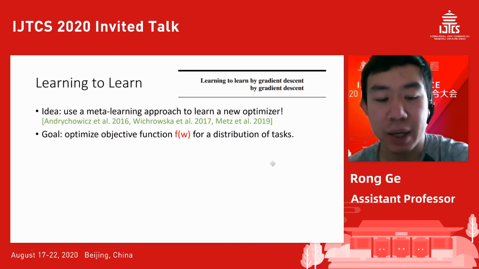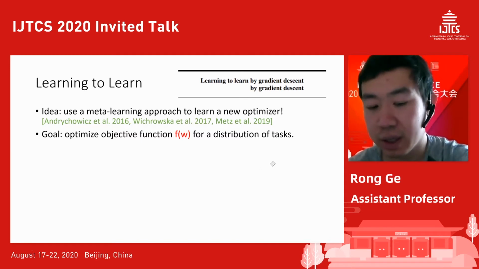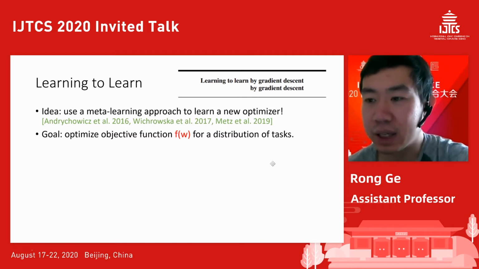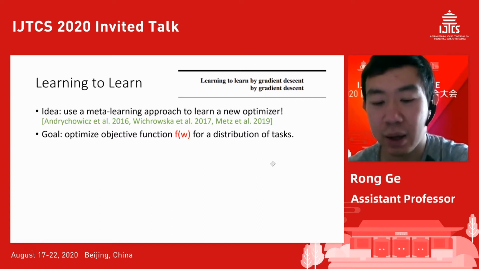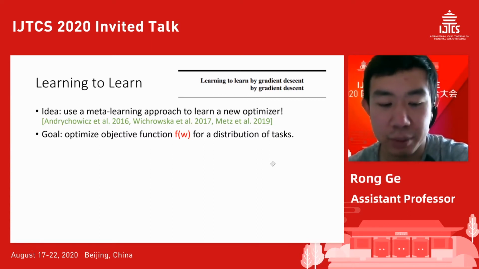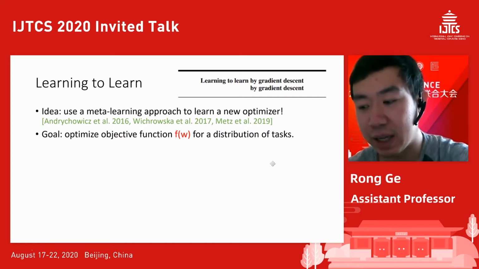In this meta-learning approach, your goal is to optimize the objective function f of w for a distribution of tasks, the tasks that you are interested in. You are not only interested in optimizing a single objective function, but you are optimizing a distribution of objective functions for many, many different tasks.